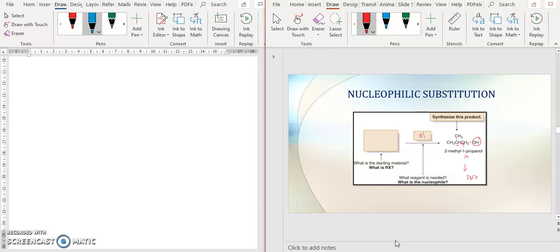What is your reagent? It is OH negative, because SN2 needs a strong nucleophile. Why don't I use another strong nucleophile such as SH negative or I negative? Because the product is OH, that's why I need to use OH negative.